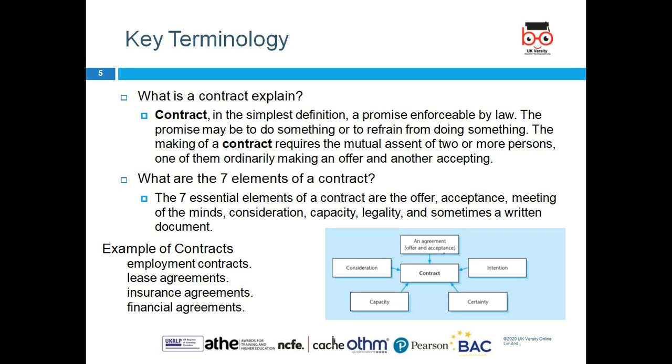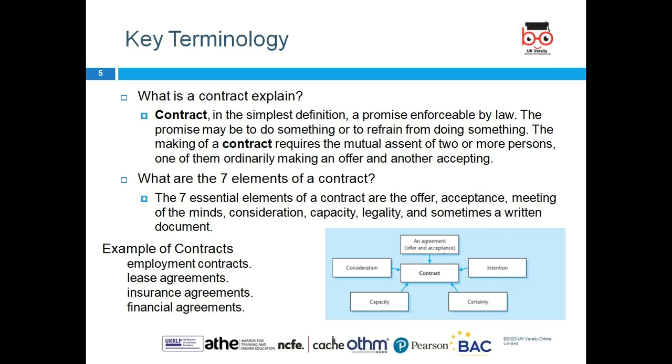It's not enforceable in law if you don't have the capacity to make the contract, like a minor child. Or if somebody is drunk and you say, sign here, they're not in a good mental state at that point.